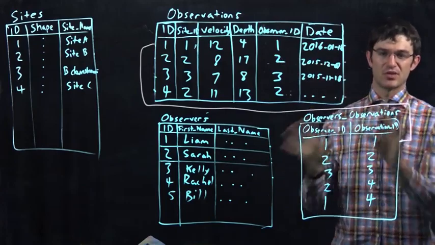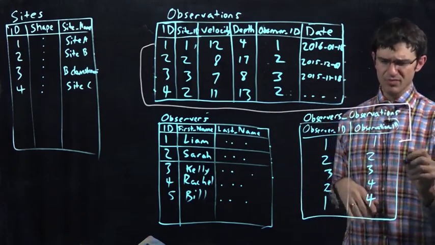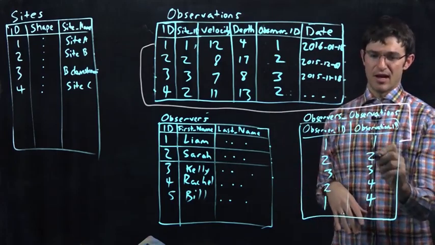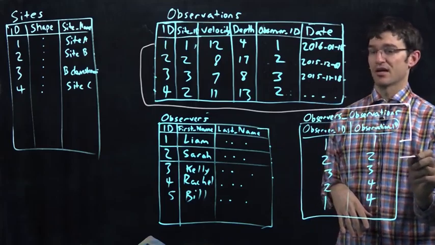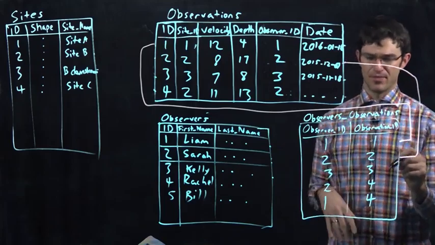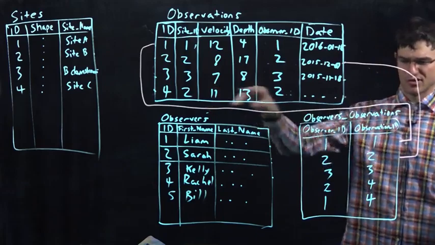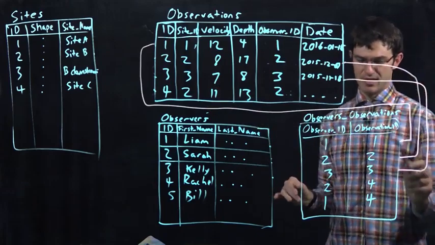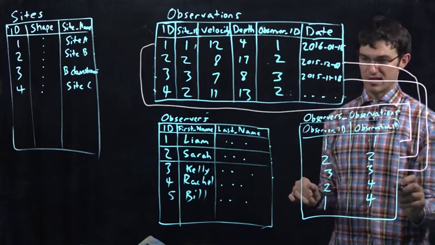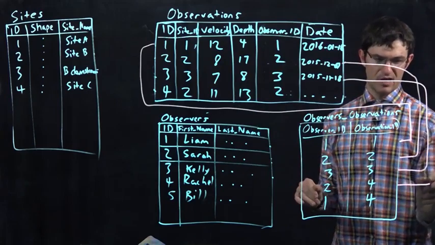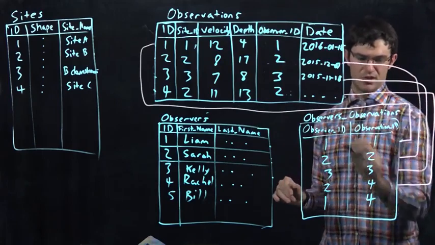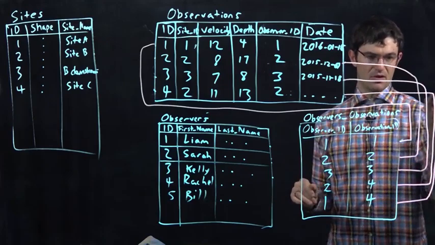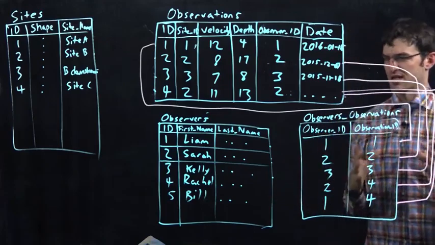But for now, let's visualize the whole system. And then we end up with observation ID 2 getting appended over to 2 here. Going to connect both sides just for space. And then 3 getting appended here to 3. And then both of these here getting appended to 4, which would duplicate that record temporarily.